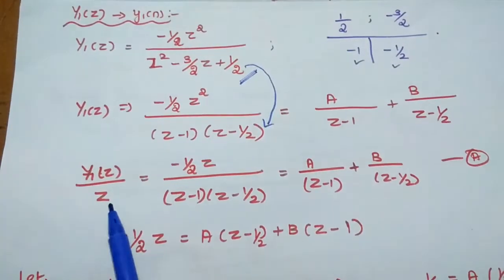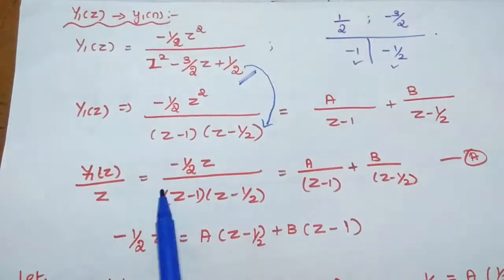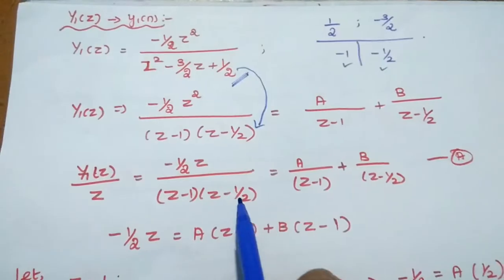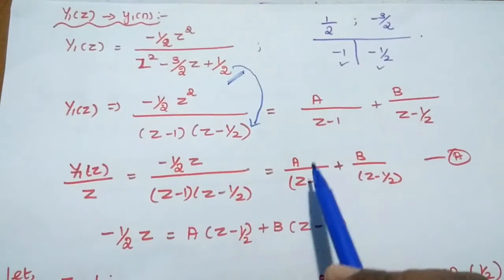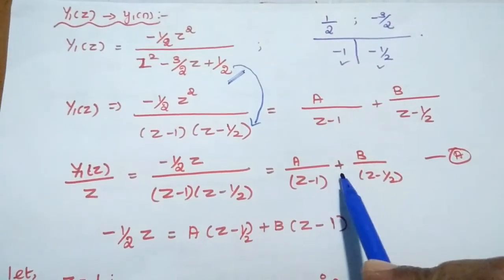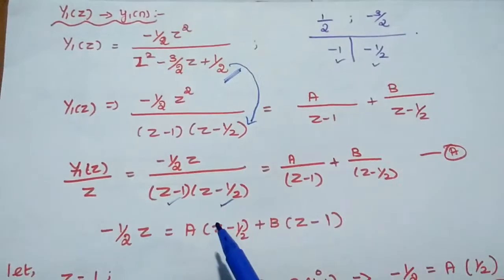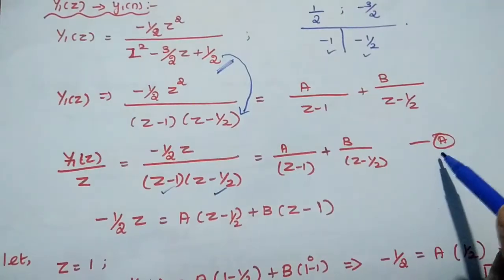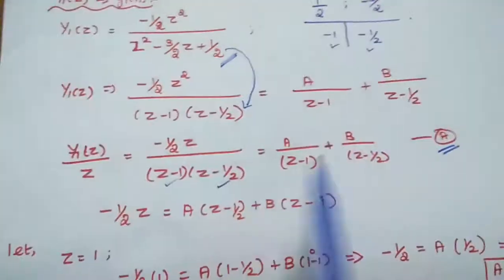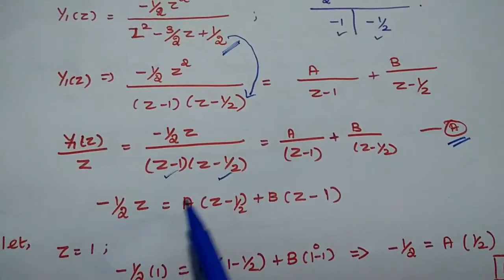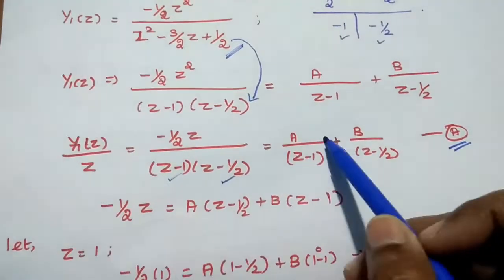So y1 of z divided by z is equal to minus 1 by 2 z divided by z minus 1 into z minus 1 by 2. That is equal to a divided by z minus 1 plus b divided by z minus 1 by 2, since we are having only two roots. Now we are going to find the LCM value, that means we cross multiply.